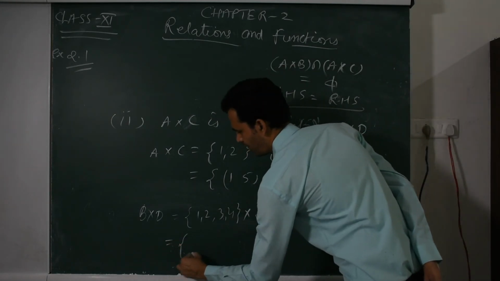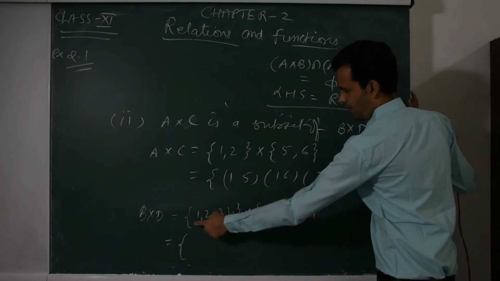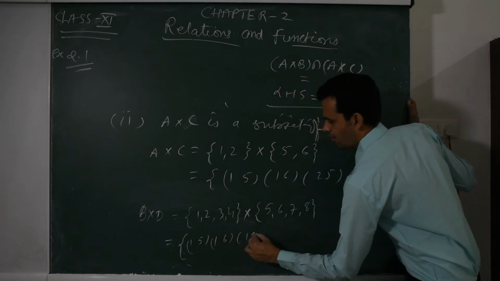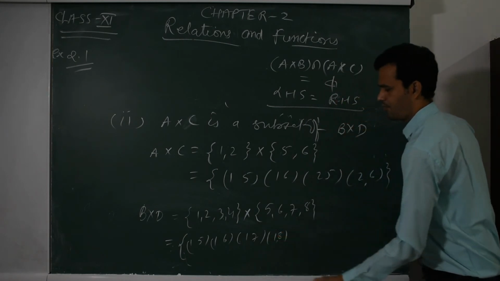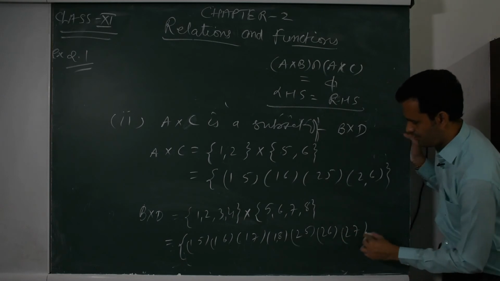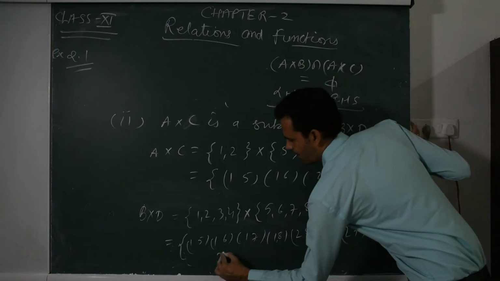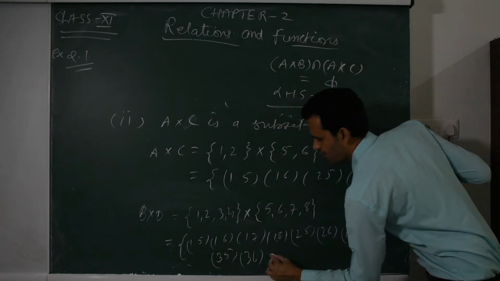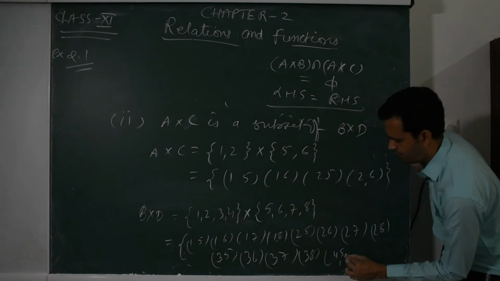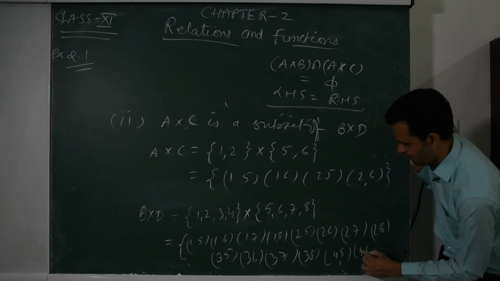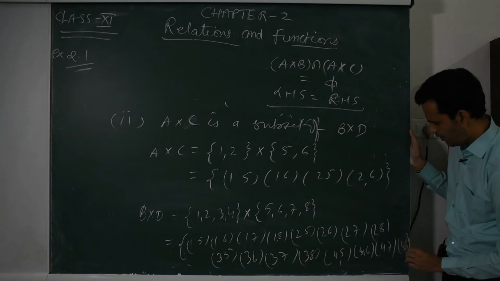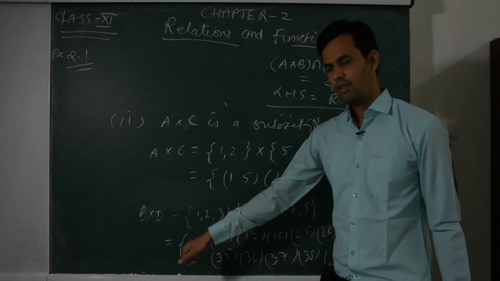So the ordered pairs are (1,5), (1,6), (1,7), (1,8), then (2,5), (2,6), (2,7), (2,8), (3,5), (3,6), (3,7), (3,8), (4,5), (4,6), (4,7) and (4,8). These are the ordered pairs for B cross D.